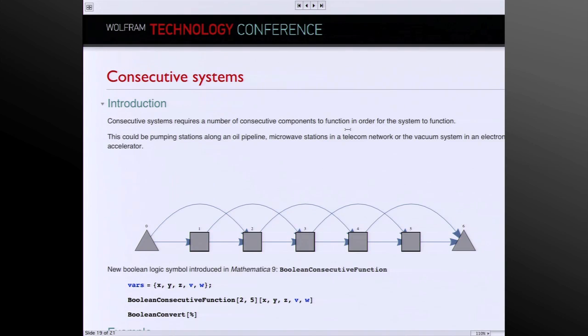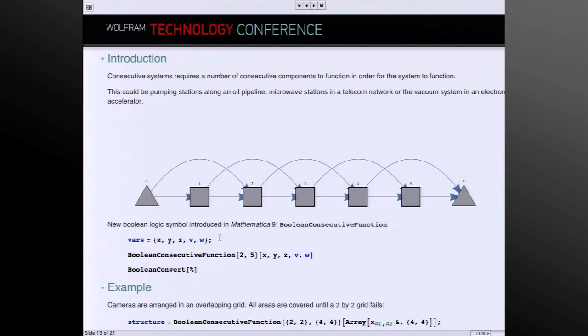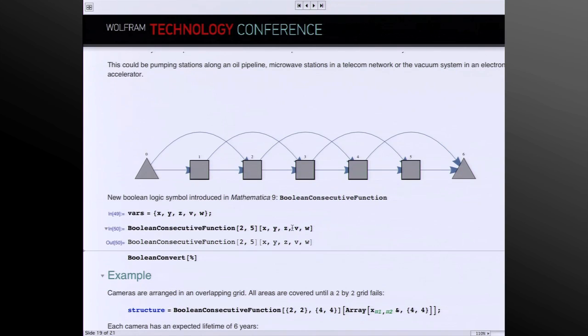So consecutive systems is when a number of consecutive components needs to fail in order for the system to fail. And for this, we've introduced a new symbol in Mathematica called Boolean consecutive function. So it's a new Boolean function, and I'll give you a super brief look at it.